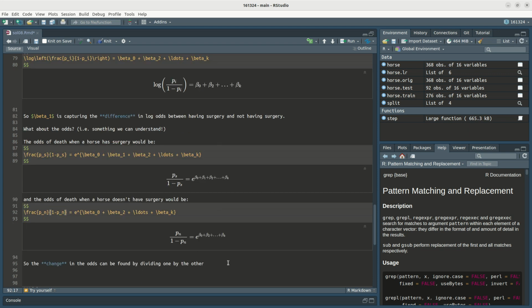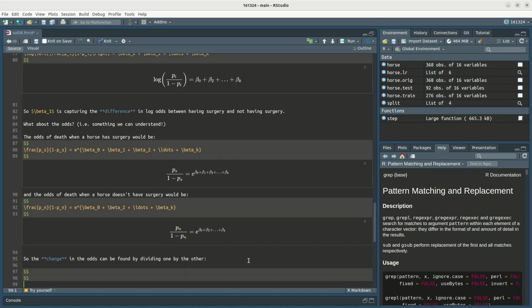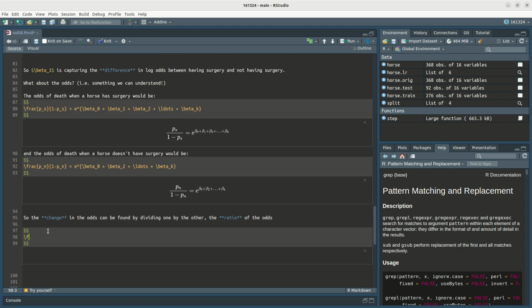So the change in the odds can be found by dividing one by the other, the ratio of the odds, so we could do one over the other. And that's just going to be this divided by this.